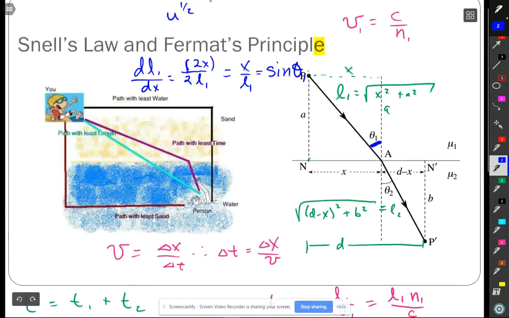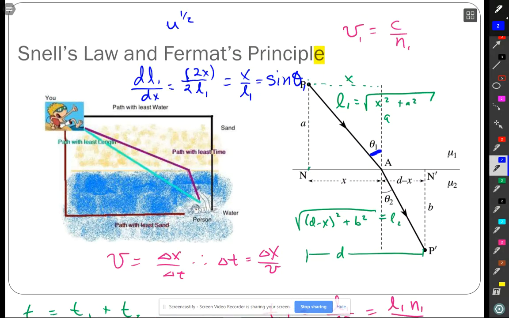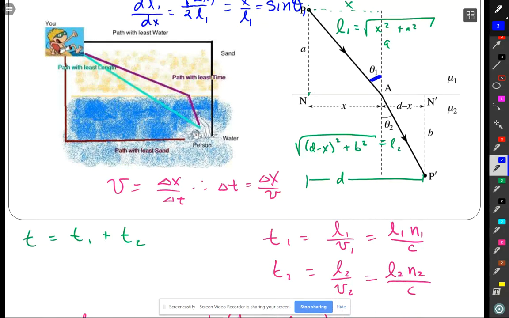Now we have to do the same for L2. So if I do dL2/dx, that's going to again have the 1/2 and then L2 on the bottom. And then I have the derivative of the inside.